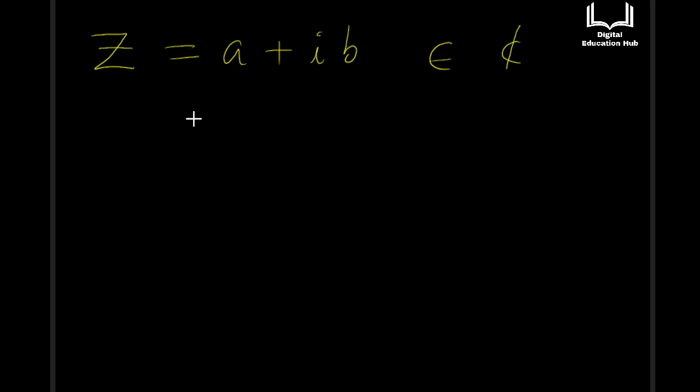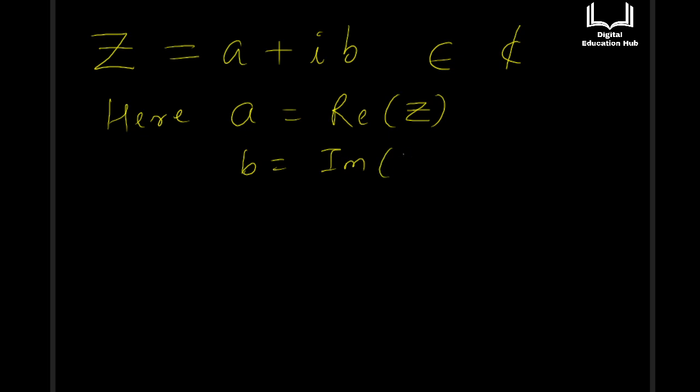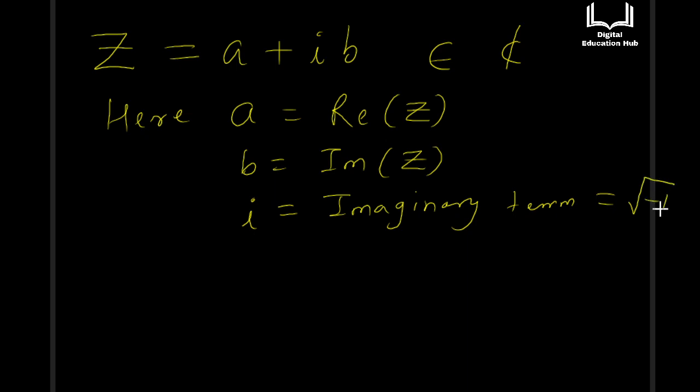we can say that here a is nothing but the real part of z, b is the imaginary part of z, and i is the imaginary term which is equal to root of minus 1.